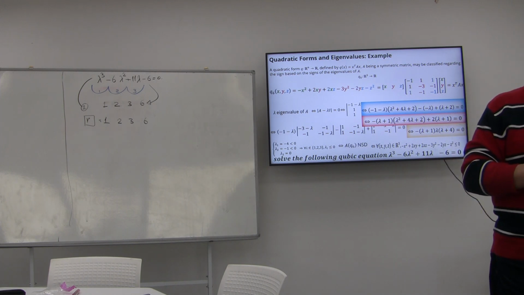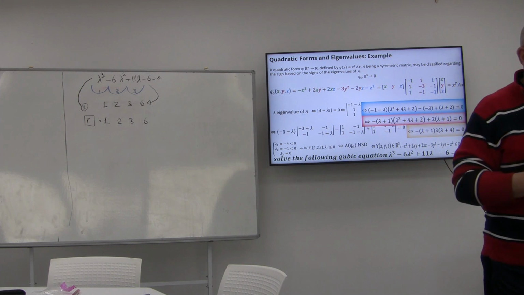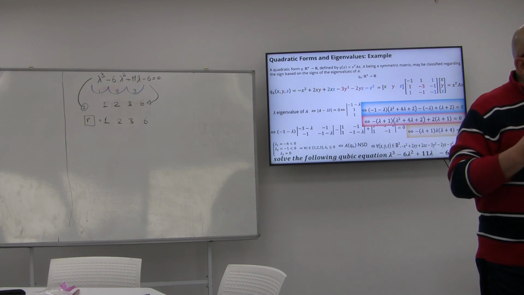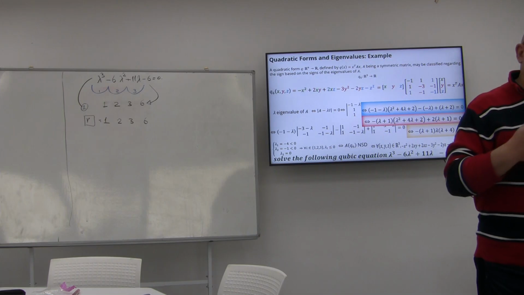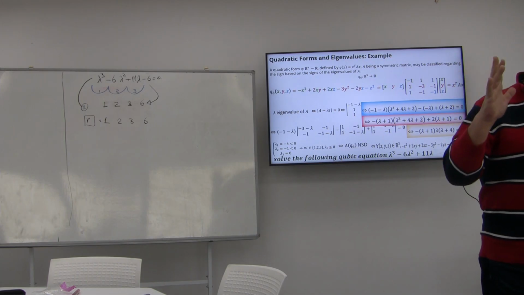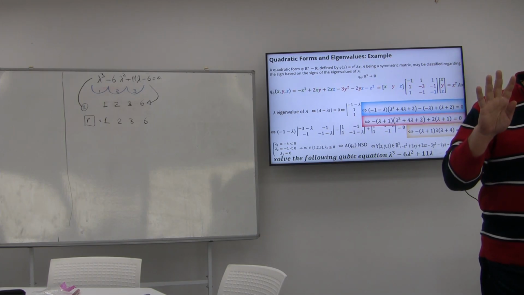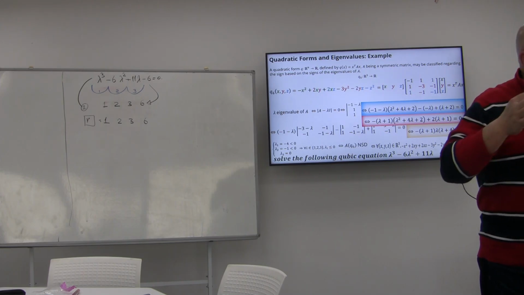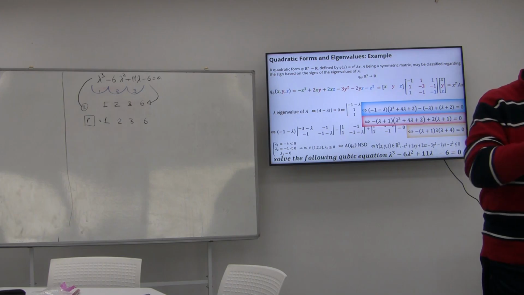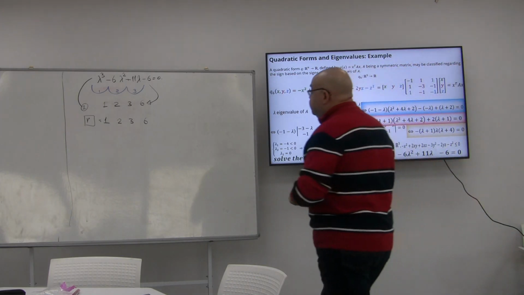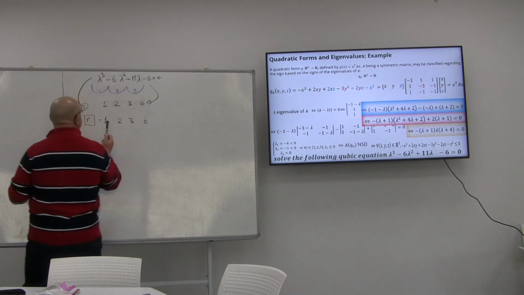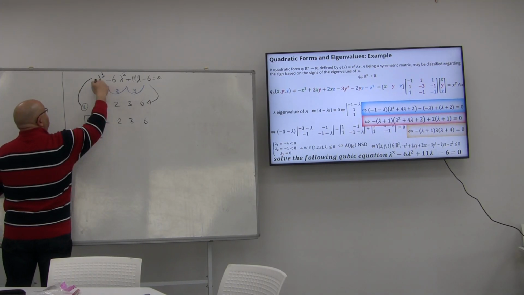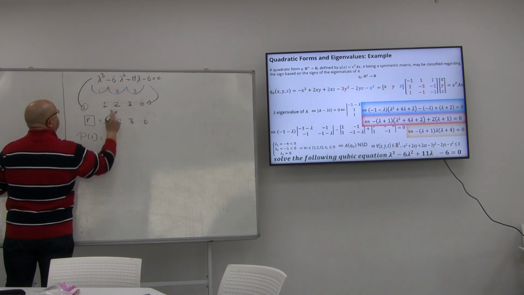How to be sure, or how to find the value of this eigenvalue, or a root for this polynomial? Just try to substitute by these values, 1, 2, 3, or 6. If you substitute by any of these numbers and the result is 0, this is going to be a root. Start substituting with 1. 1 cubed is 1.